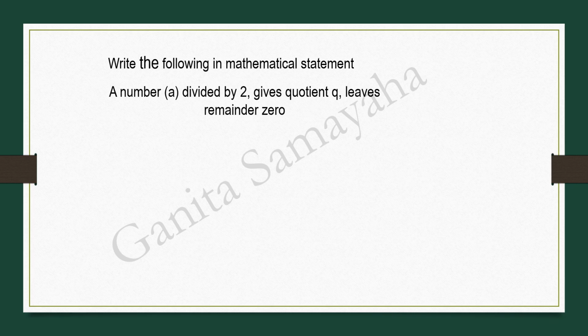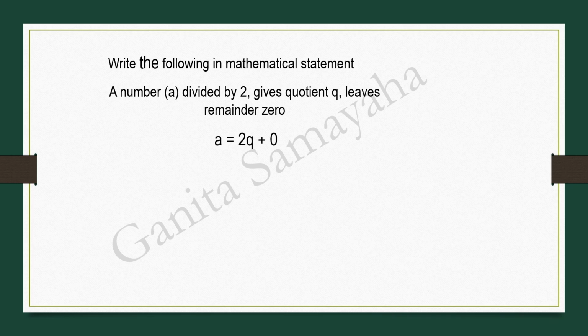That means your number is A and your B is 2, Q is Q and remainder is 0. That means R is 0. So how do you write this in that mathematical statement using Euclid's division lemma? We write it as A is equal to 2Q plus 0.